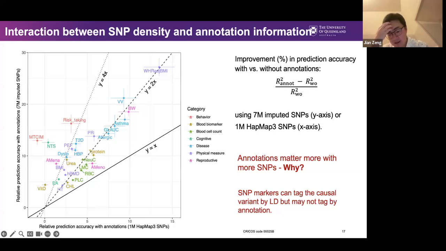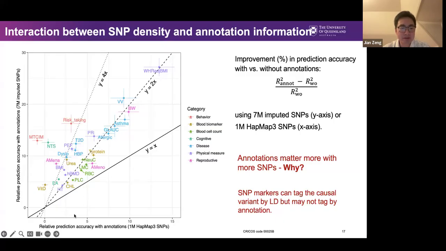I think that result demonstrates the benefits of incorporating annotations, that it's comparable to increasing the sample size at the GWAS level. Another interesting finding is the interaction between SNP density and the annotation information.